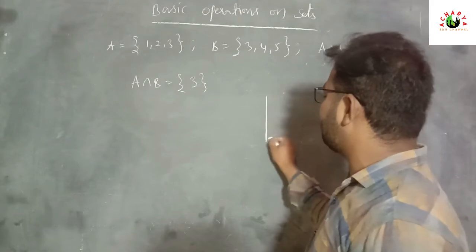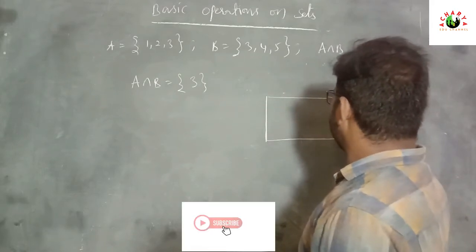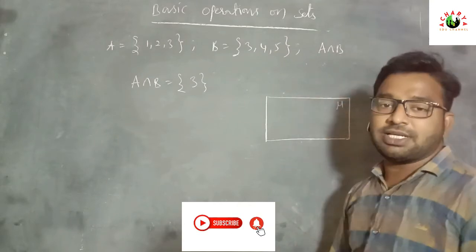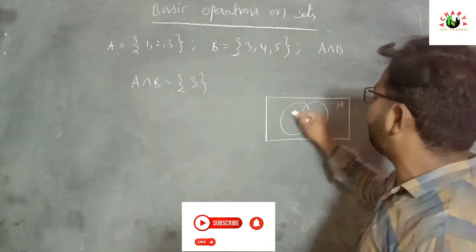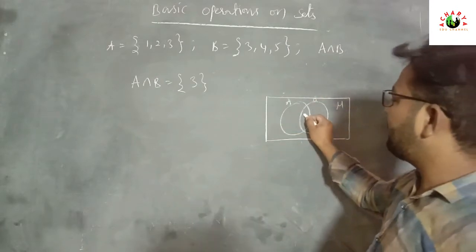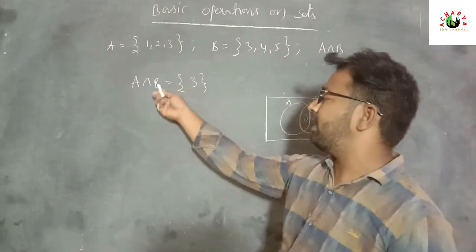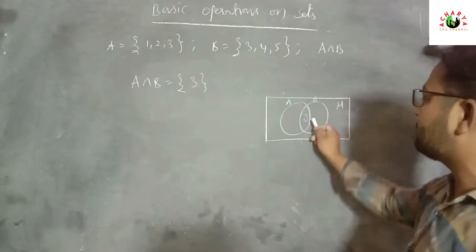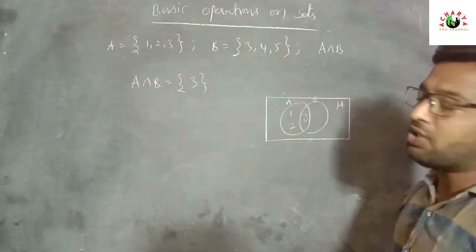Next, coming to the Venn diagram. The Venn diagram is very easy. First we draw a rectangular box. This is the universal set, denoted by the mu symbol, and draw two sets A and B. The common element is 3. In set A, 3 completed, the remaining elements are 1 2.